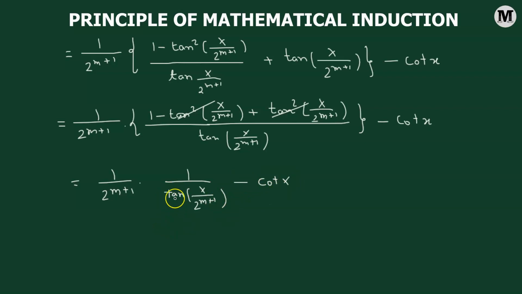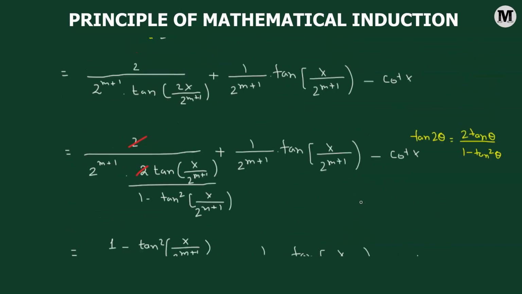So finally what we can do, we can take the tangent to the numerator by taking the reciprocal. So we have 1 over 2 raised to the power of m plus 1 multiplied to the cotangent of x divided by 2 raised to the power of m plus 1 minus cotangent of x, and this is the expression on the right hand side. This is what we needed to show.